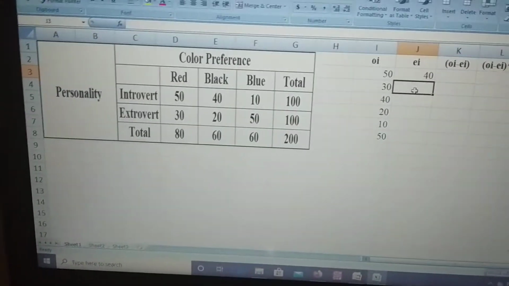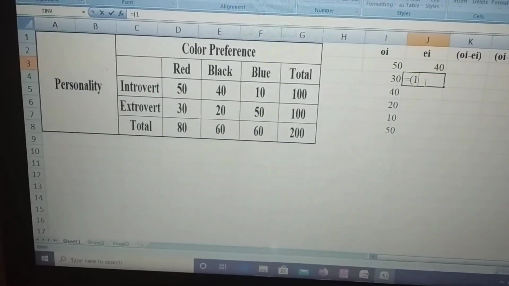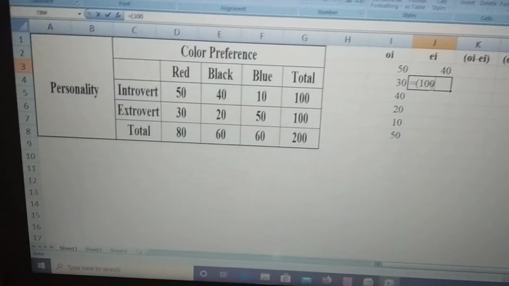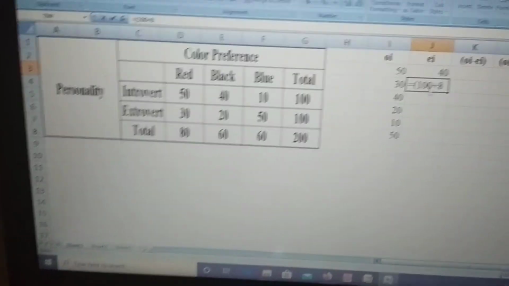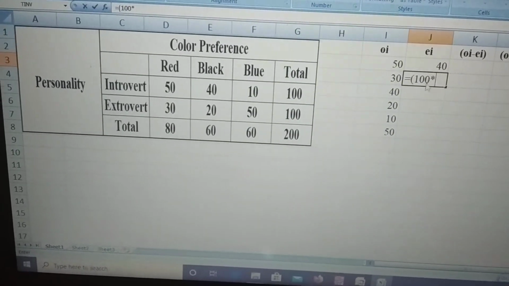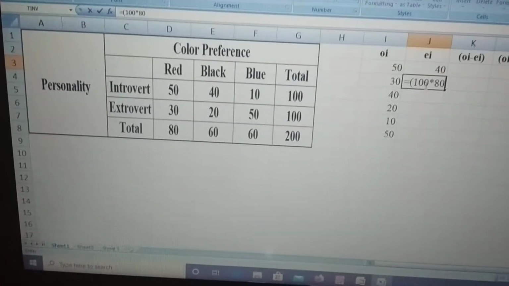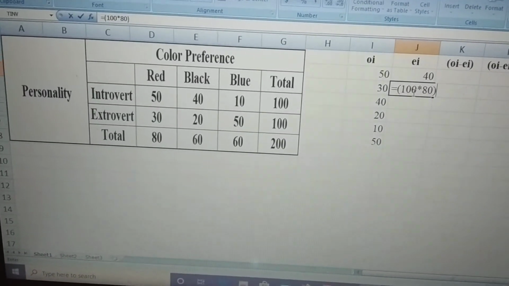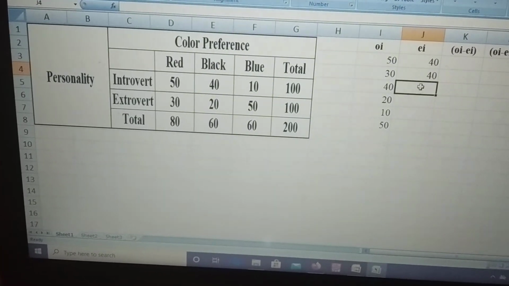For 30, the row total is 100 multiplied by again 80, the column total of 30, divided by the grand total, that is 200. We again get 40.